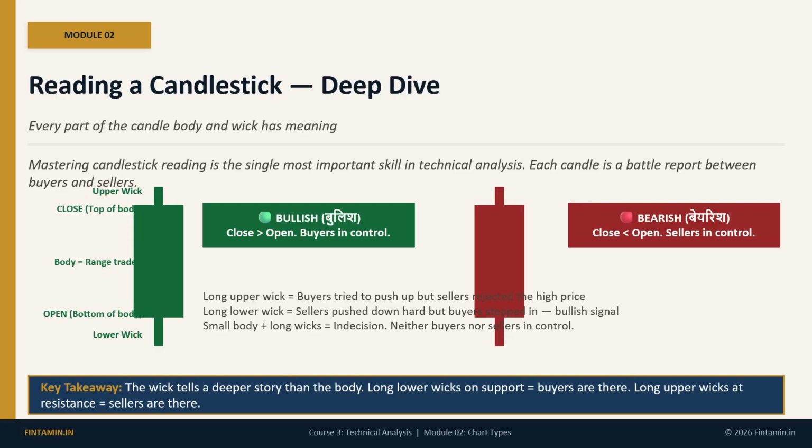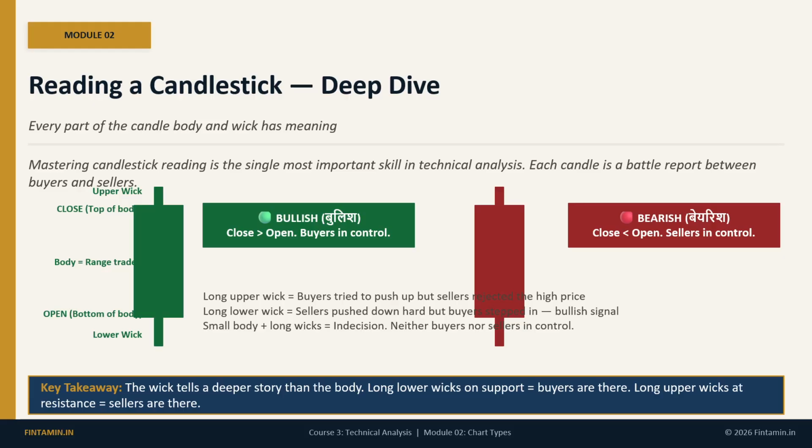A long lower wick means sellers pushed the price down aggressively, but buyers stepped in and strongly brought it back up. A rejection at lower prices. Bullish signal at support.